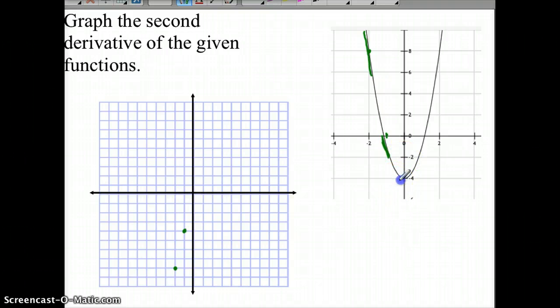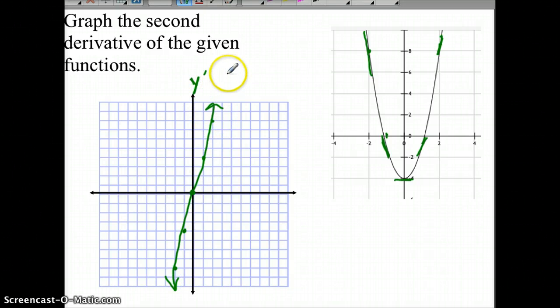At 0, the slope is 0. And again, at 1, it's going to be 4. And at 2, just keep symmetry there, it's going to be 8. So it's kind of like this. All right, that's the first derivative.